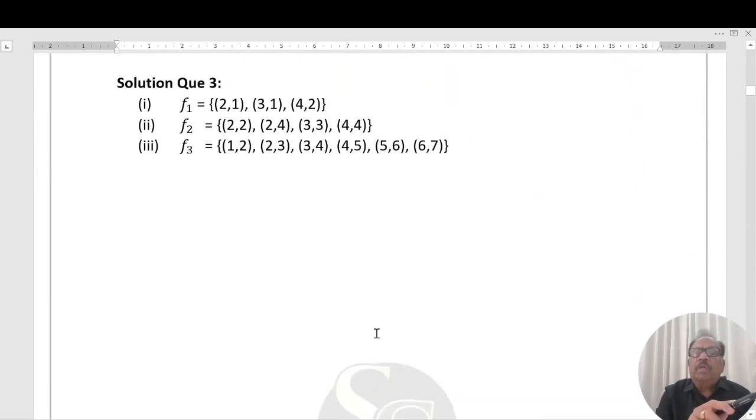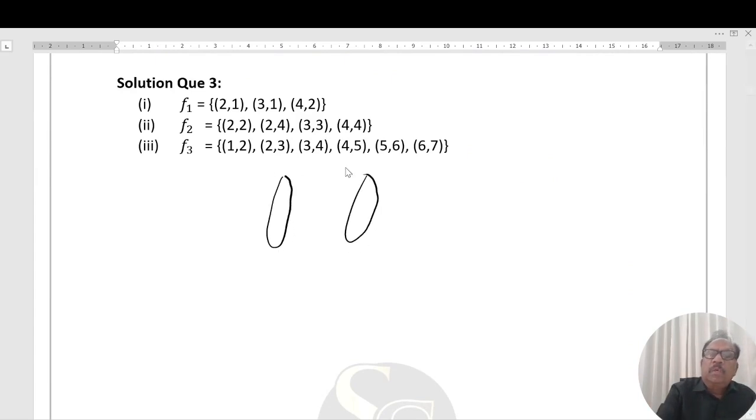Now, equal functions, but before starting this, I will discuss the question solution stated above, right? Solution question number 3. Now, by arrow diagram, this is say A, this is B. Elements are 2, 3, 4, and 1, 2. 2 is 1, 3 is 1, 4 is 2.